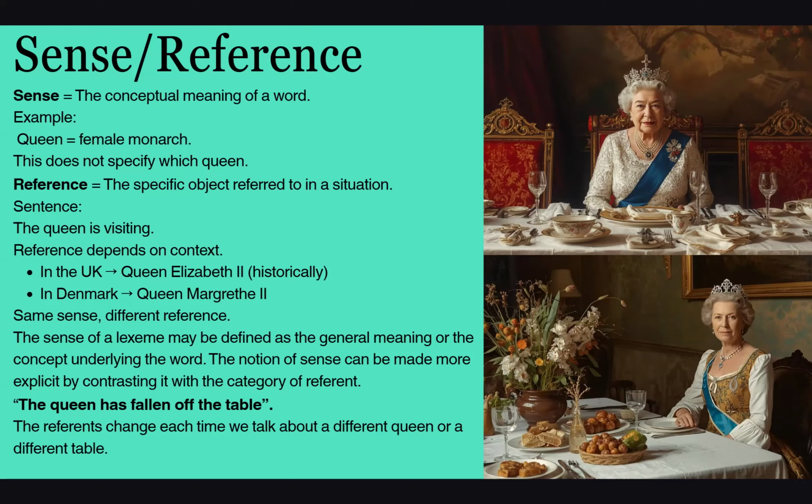When we are in the UK, we know that the queen who is visiting is Queen Elizabeth II, for example. But when the sentence, the queen is visiting, is said in Denmark, the queen refers to Queen Margaret. Okay.